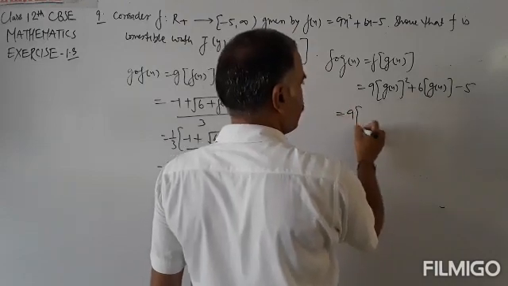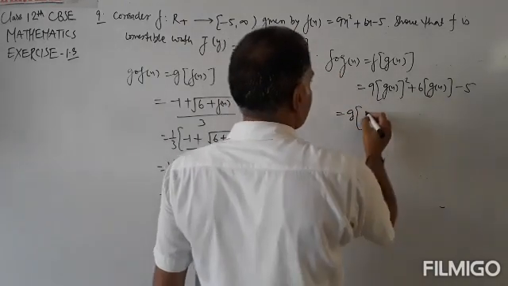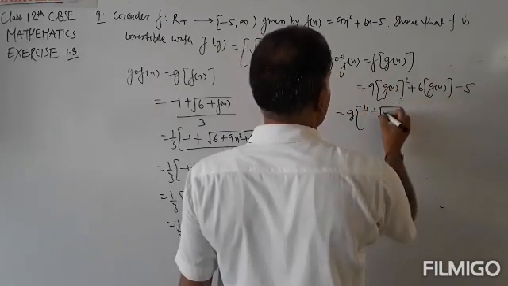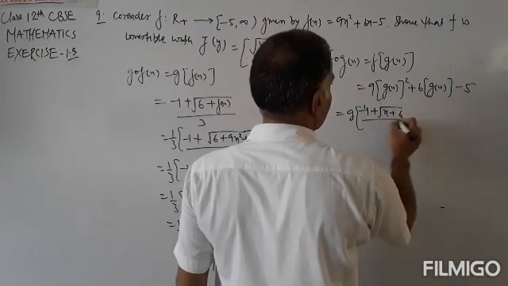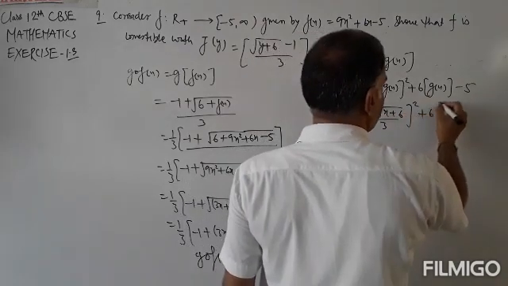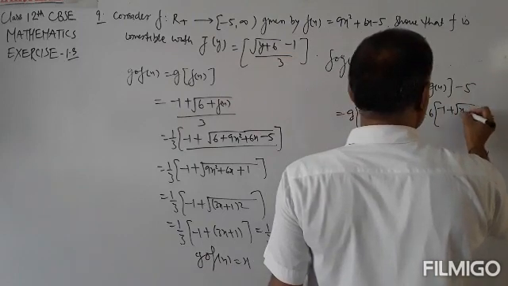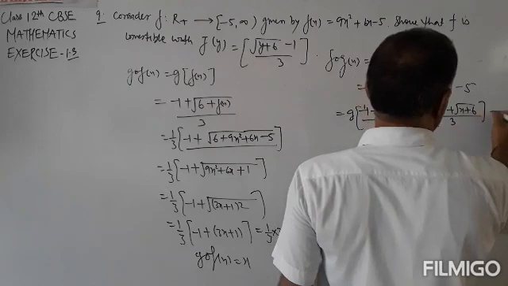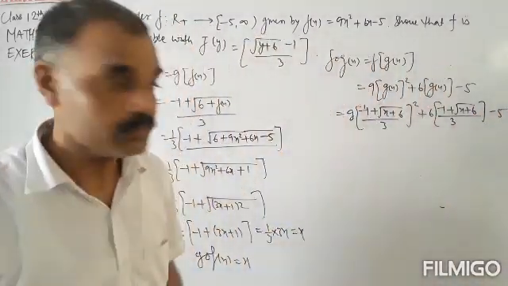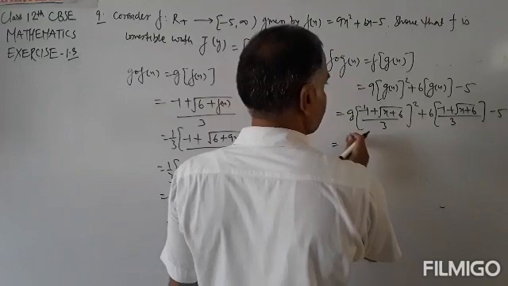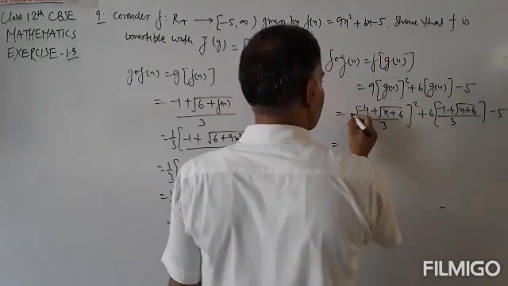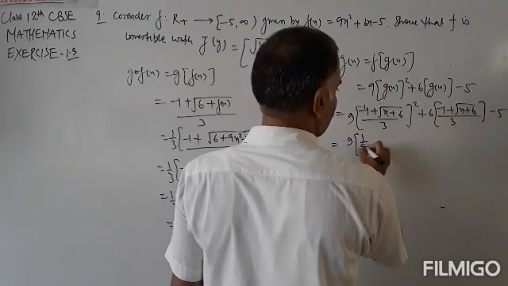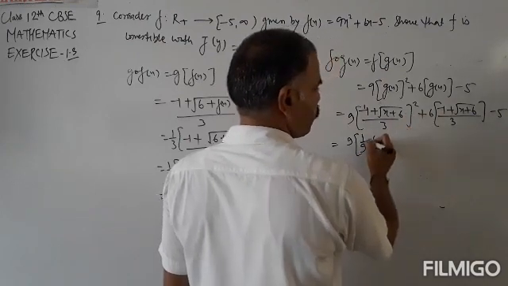So this is equal to 9 into (-1 plus under root x plus 6) upon 3, whole square, plus 6 into (-1 plus under root x plus 6) upon 3, minus 5. Okay, now solving this we will have 9 into 1 upon 9.